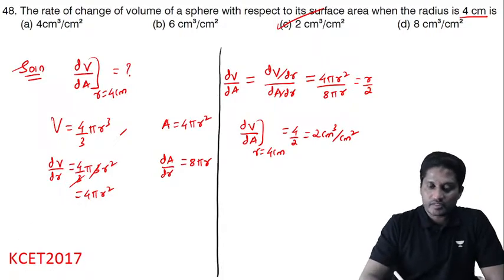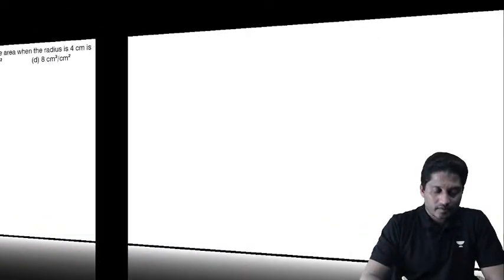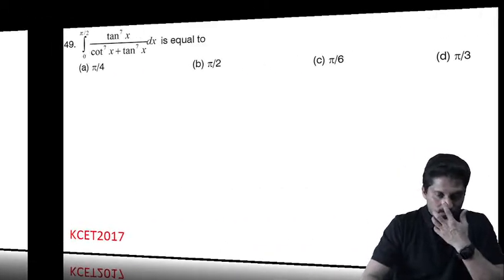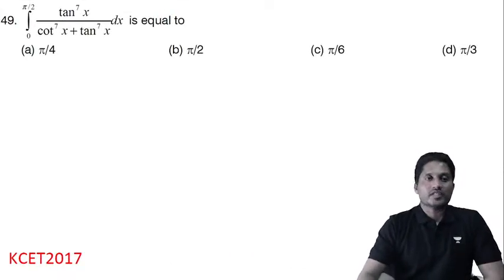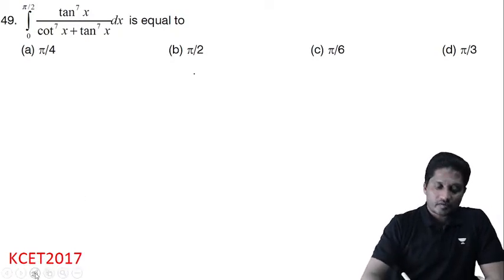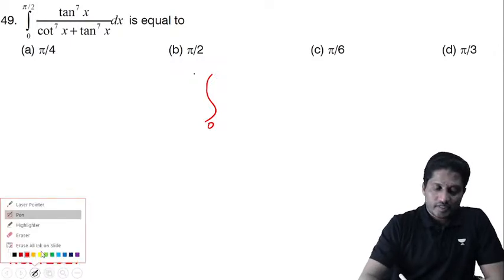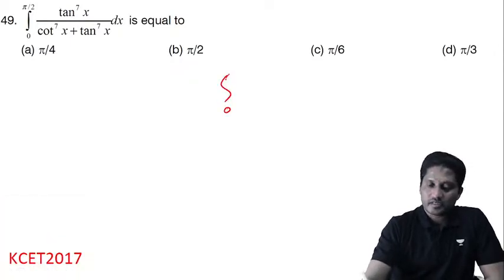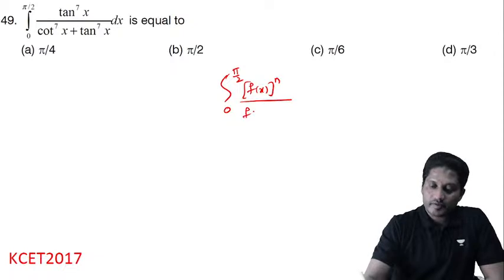Okay, now let's move to the next question. See, we have done this before as well. Limit should be 0 to pi by 2. We did this King's property, 0 to pi by 2, f x power n, again this is f x power n for pi by 2 minus x, whole power n dx.